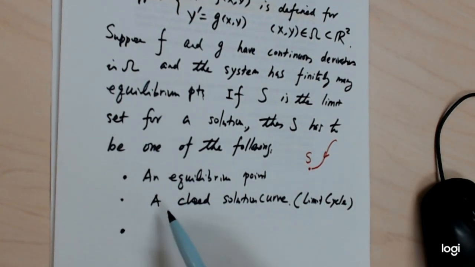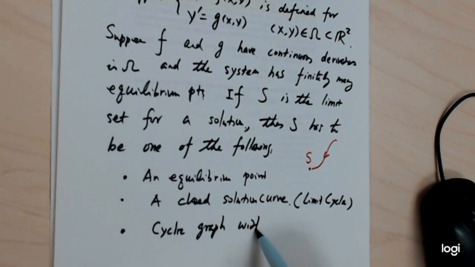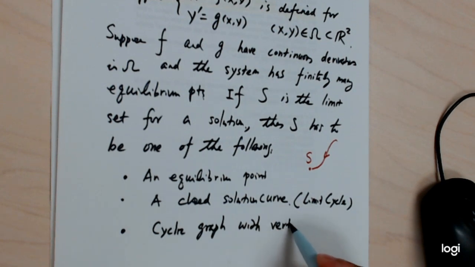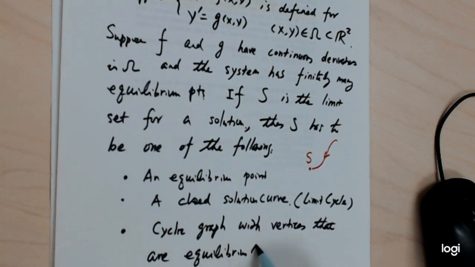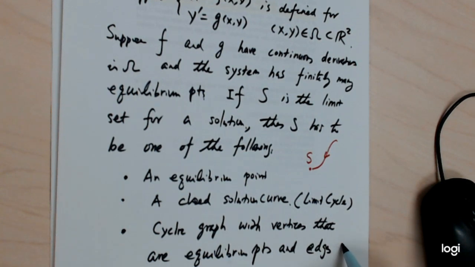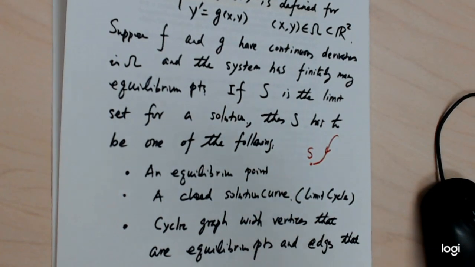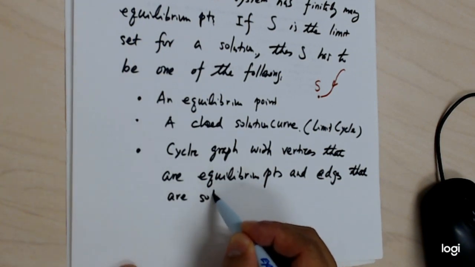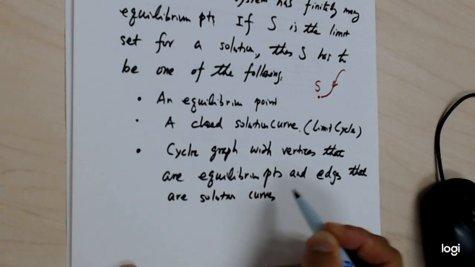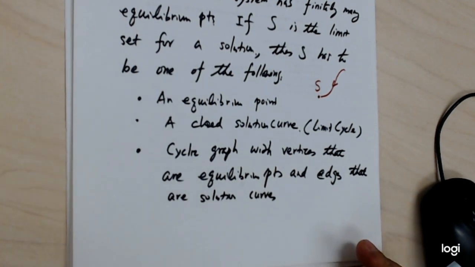And the third possibility is it approaches not a closed solution curve, but what we call a cyclic graph, that has equilibrium points being the vertices and edges that are solution curves. So this gives you a complete picture of the limit set.